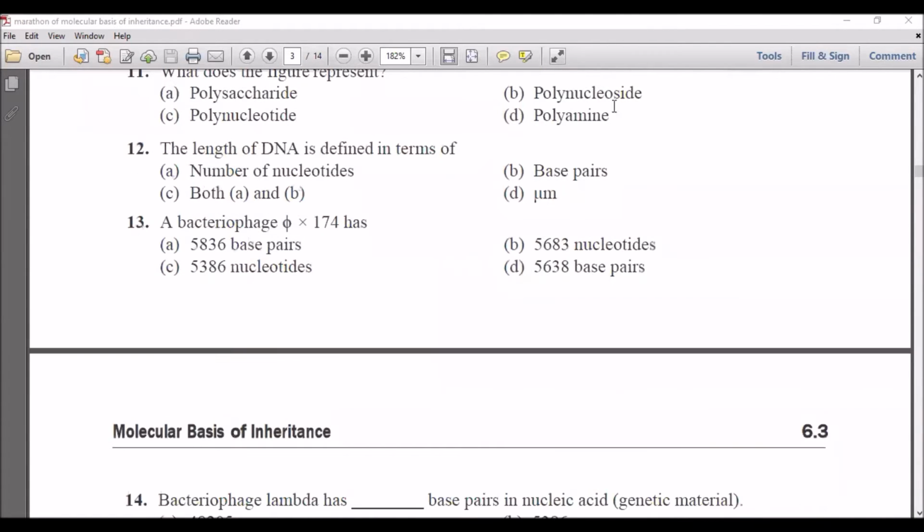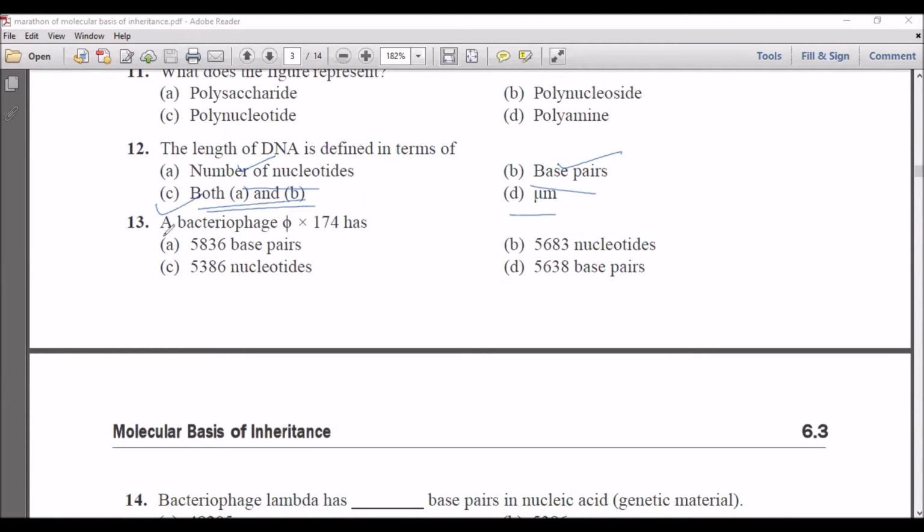Now the next question is, the length of DNA is defined in terms of number of nucleotides, base pairs, both A and B, or micrometer. We know that the length of DNA is defined in number of nucleotides, and it is also defined in the number of base pairs. So option C, both A and B, is the correct answer.